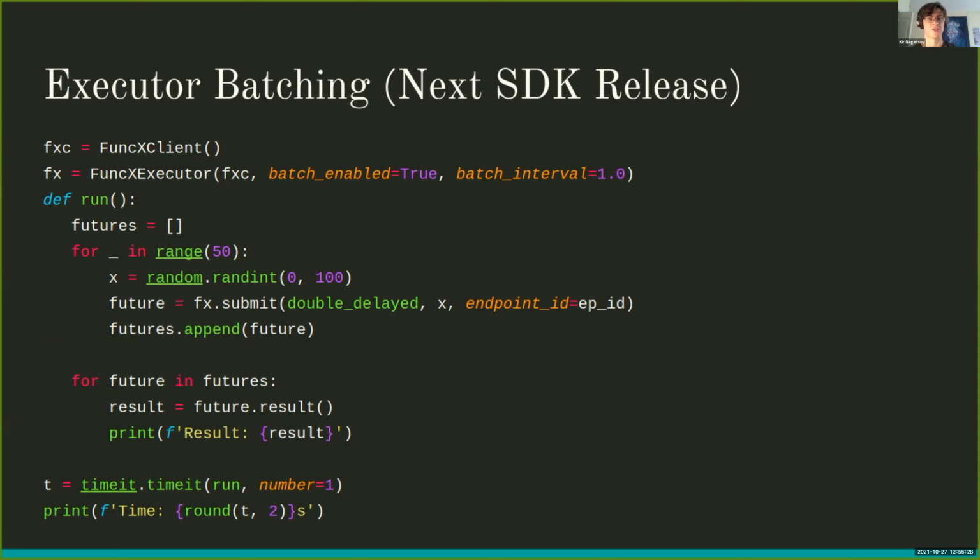Notice the difference is that I've set batch enabled to true and added a batch interval, which essentially means that every 1 second, the funcX executor will accumulate a number of submit calls that have been built up. And as soon as a second passes, it'll submit all of them in the form of a batch call rather than a bunch of HTTP calls for each submit.